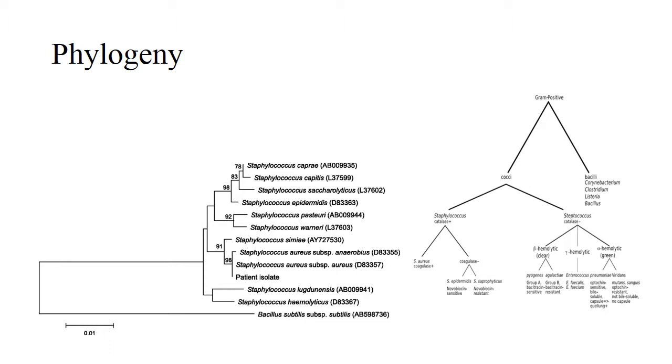Under that, we have the beta hemolytic, the gamma hemolytic, and the alpha hemolytic, and under all those, each bacteria fits in each subgroup. Staphylococcus is catalase positive. S. aureus is coagulase positive under catalase positive. We have two other ones that are coagulase negative: S. epidermidis and S. saprophyticus.